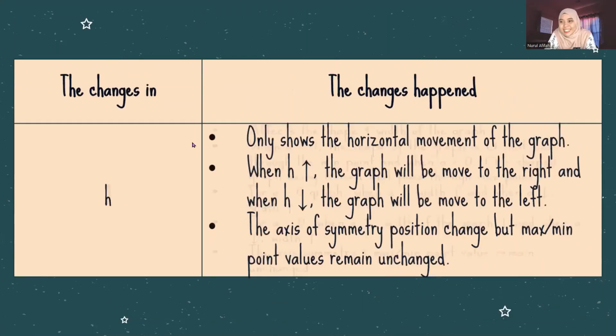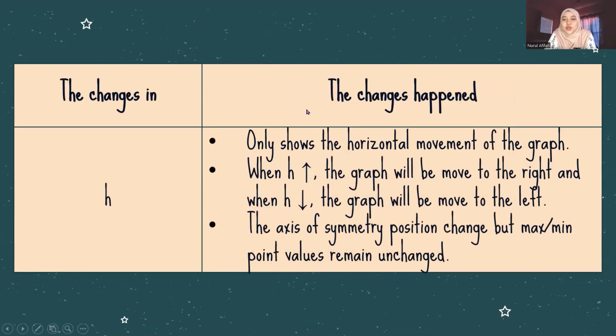The changes in h only show the horizontal movement of the graph, where when h is more than 0 or increases, the graph will be moved to the right, and when h decreases, which is less than 0, the graph will move to the left. The axis of symmetry position changes, but the maximum or minimum point value remains the same.